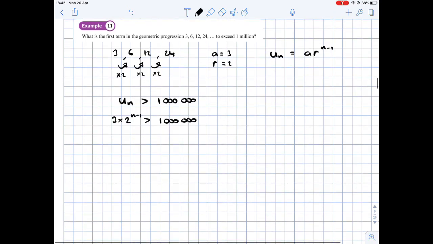This next step, well, we can divide both sides by 3. Now, this is looking a bit like one of our logarithmic equations. So, I'm going to take logs of both sides, and again, I'll probably use base 10 here.